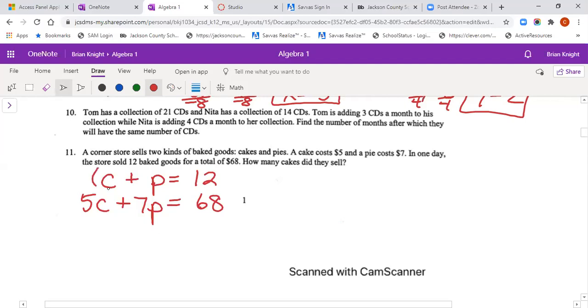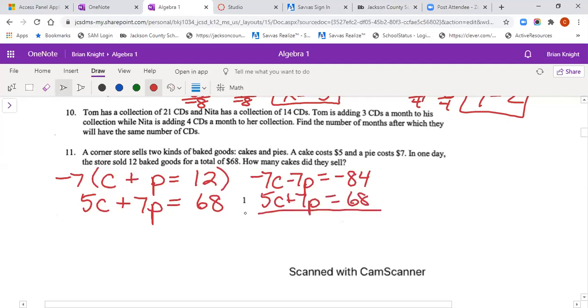So I'm going to multiply the top by -7. So -7c minus 7p equals -84. And then here we got 5c plus 7p equals 68. Add them up. The p's cancel. -2c equals, is that 16?